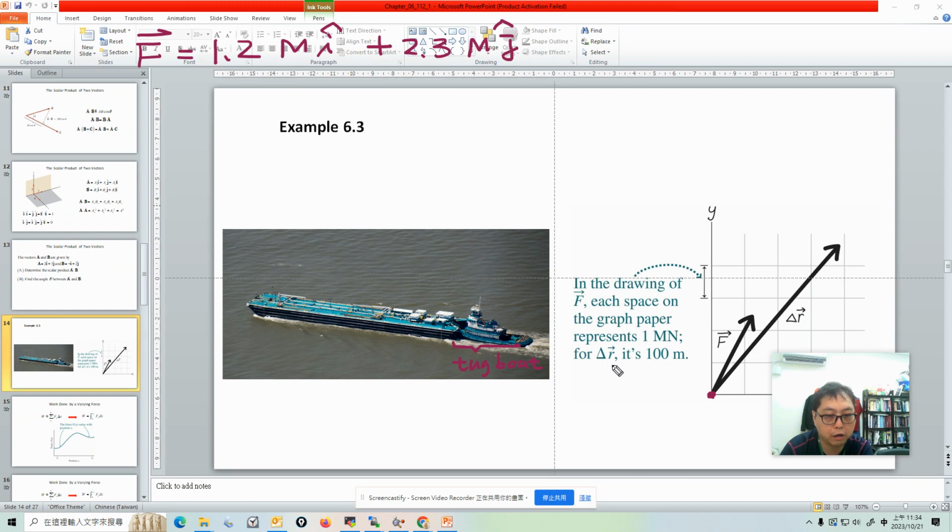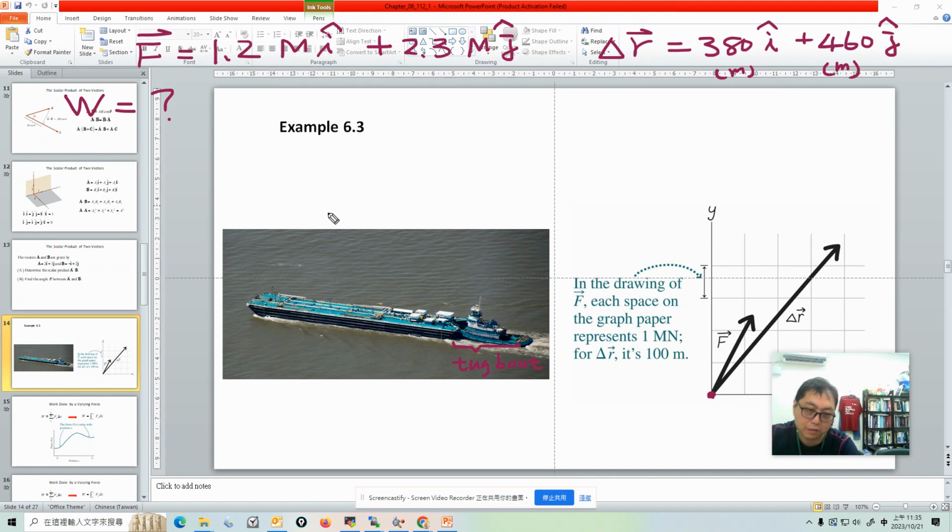The displacement of the ship, delta r, is 380 i plus 460 j, and its unit is meter. He's trying to find out the work done by this tugboat, right?